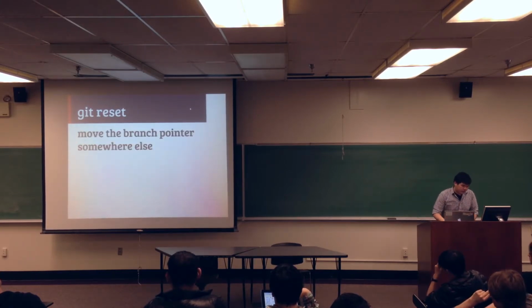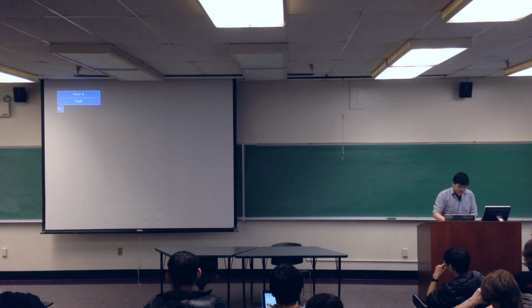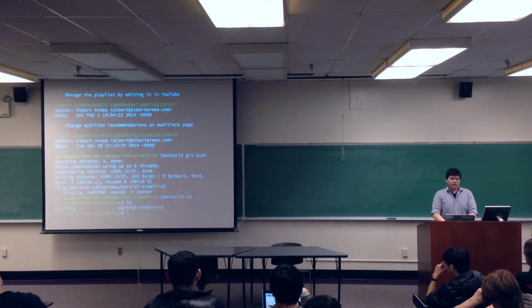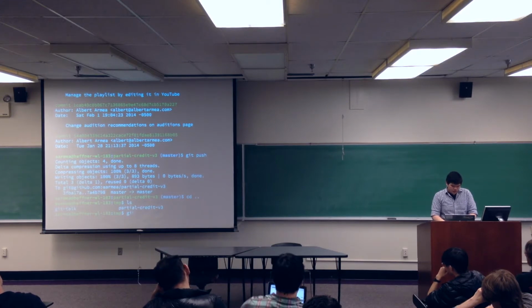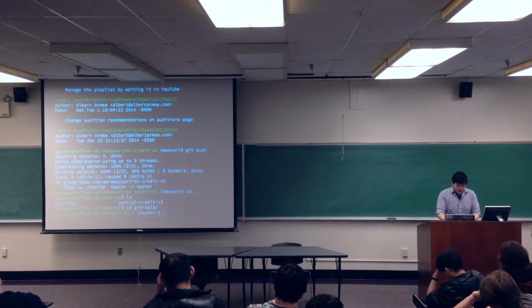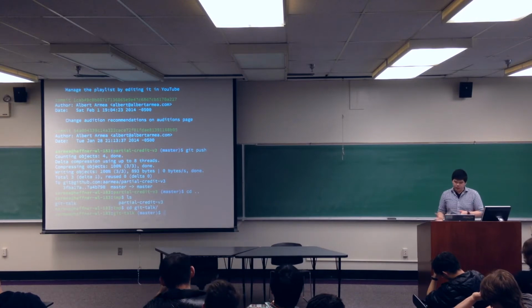Another thing, git reset. What it does is move the branch pointer somewhere else. Let's say I go back to the demo repository, and we did not like the most recent commit.